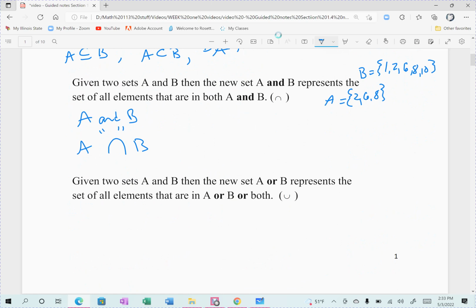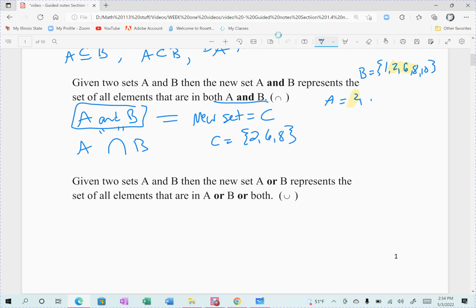I want my new set, we'll call it set C, to be the elements that are from A and B. I can only pick the elements that are shared by both. If I look at B, they share the numbers 2, 6, and 8. So set C would be the numbers 2, 6, and 8.